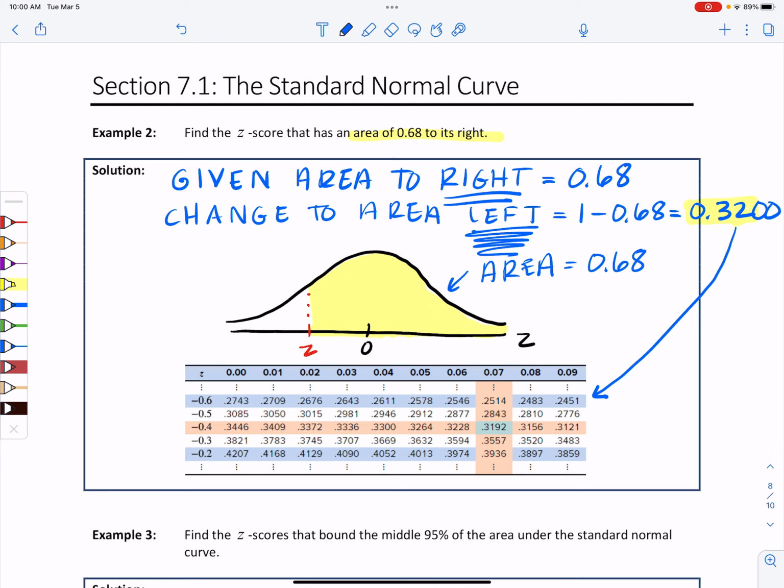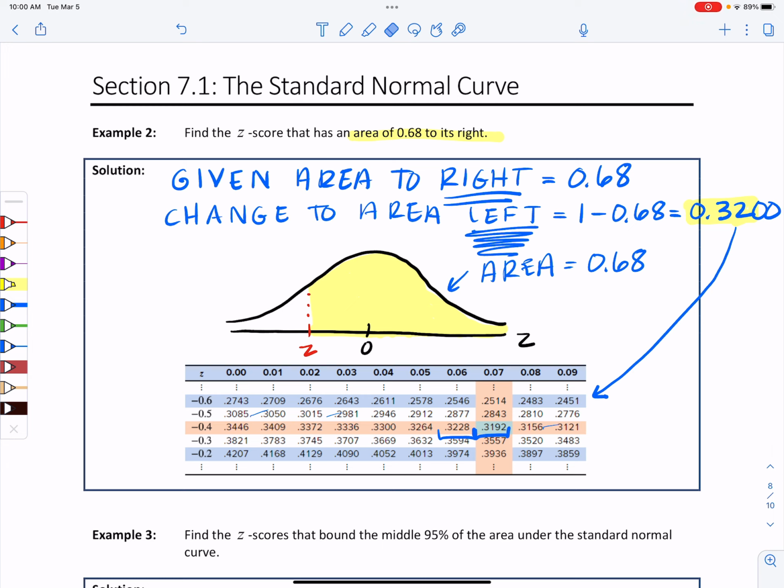Then I'm going to do the same thing that I just did. I'm going to look for an area of 0.3200 and get as close as I can. Following my trend, you've got some 0.29s, you've got 0.30, you've got 0.31, you come to 0.3192, and then it jumps to 0.3228.